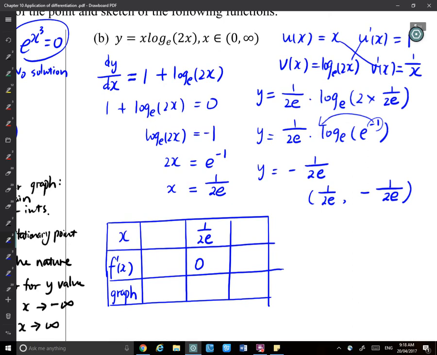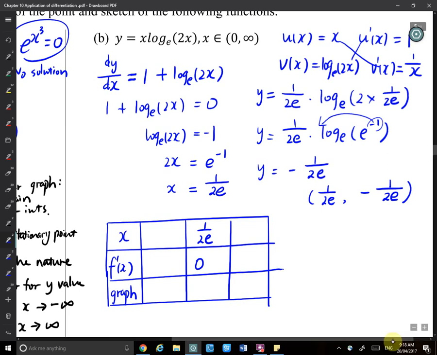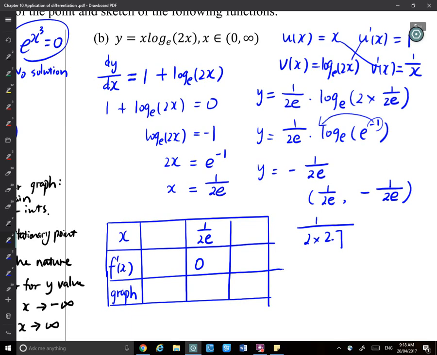So I will choose the number wisely. What is e? e is 2.7 something, so 1 over 2 times e is actually 1 over 5.4 something, near 0.2, or less than that.